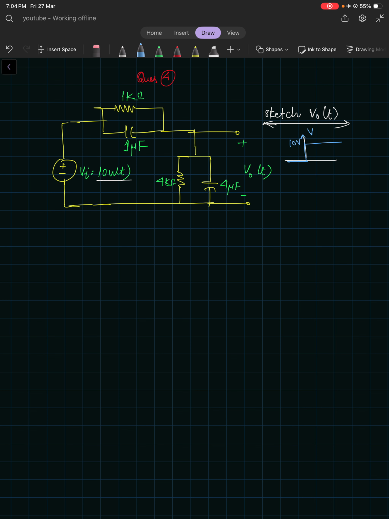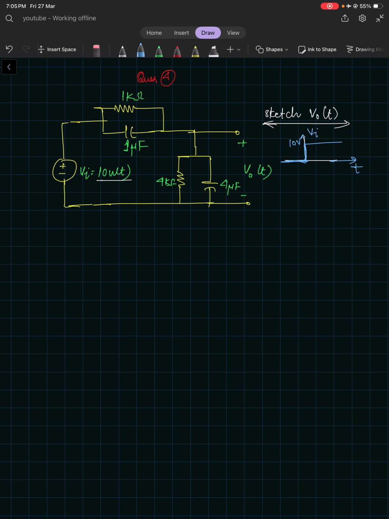This is V of I(t). So it means switching is there. Before switching all the capacitors were not charged, 0 volts, and let's see what happens at t equal to 0 plus, because we need the initial condition, final condition, steady state value, and then the time constant, right?